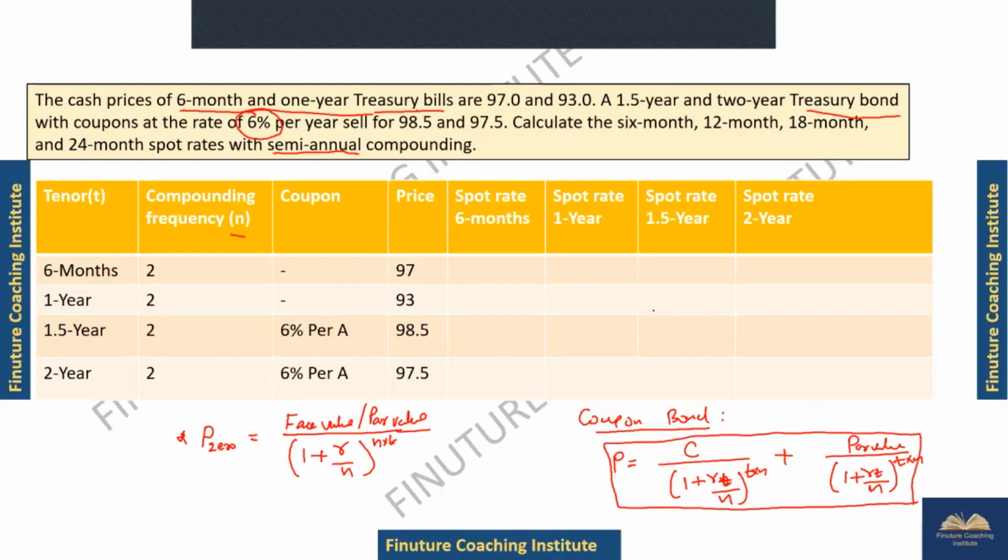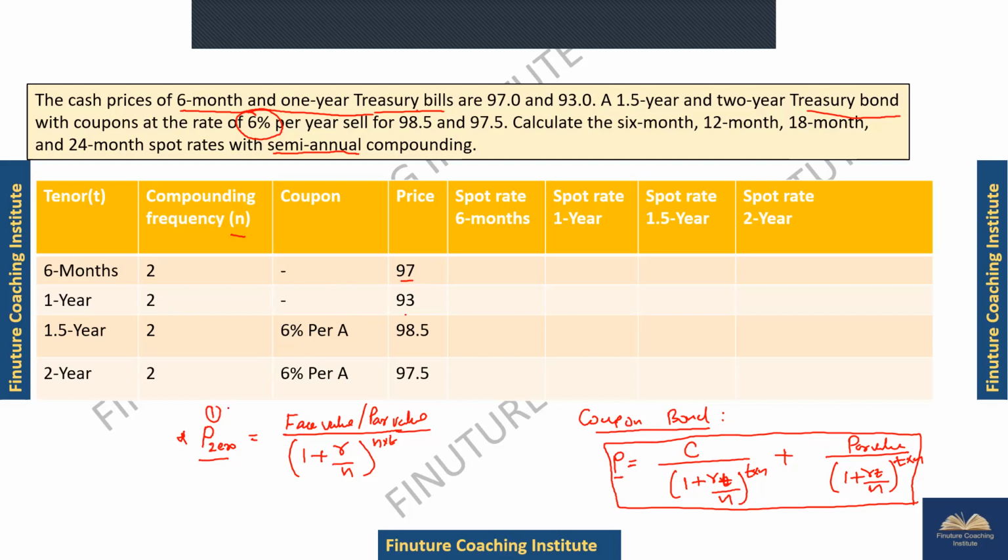So the prices are given. If you look at this, the prices on the left-hand side are given for all four scenarios, and we have to calculate the spot rates. Let's look at how we do it. For the first bond, which is a 6-month bond with price 97, let's see how we calculate using this formula.